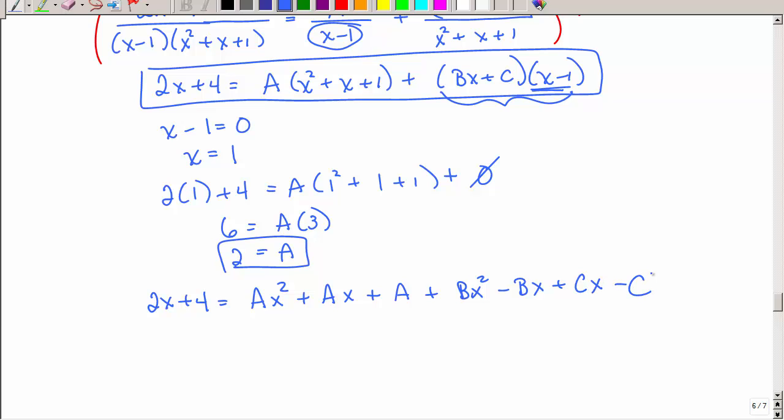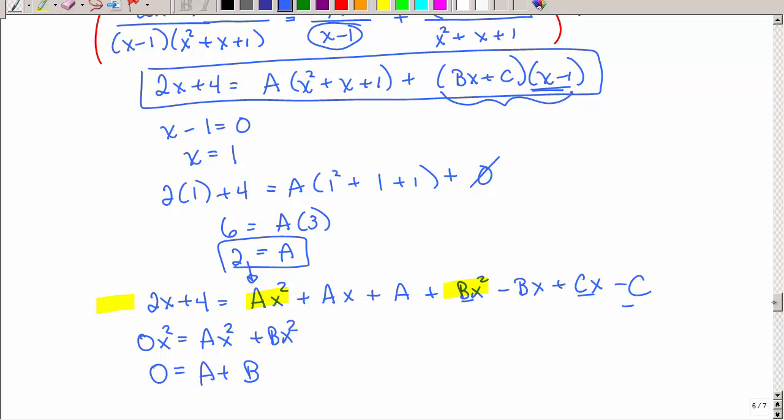Now some students go ahead and put the 2 in for the a there, and you can do that. That's fine. I just like to look at it like this. So I need b and c. So b has some x squares and c just has x and constants. So you have some choices. I think I'll go with my x squares first. I have none over here, a and b. So I have 0x squared equals ax squared plus bx squared.